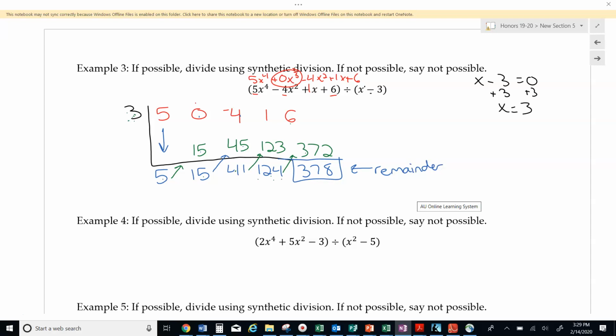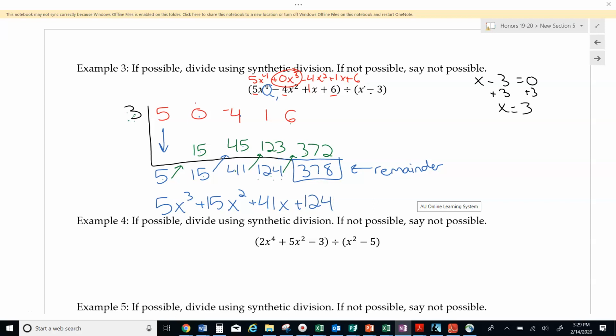Again, I'm going to add variables to these. We were at x to the fourth minus 1, so I'm going to have 5x to the third plus 124.